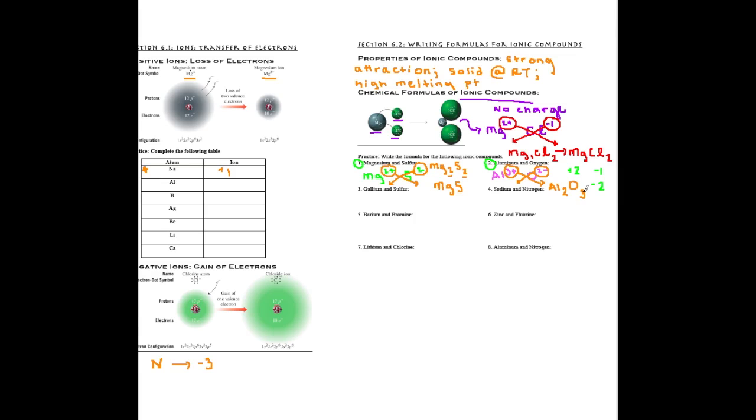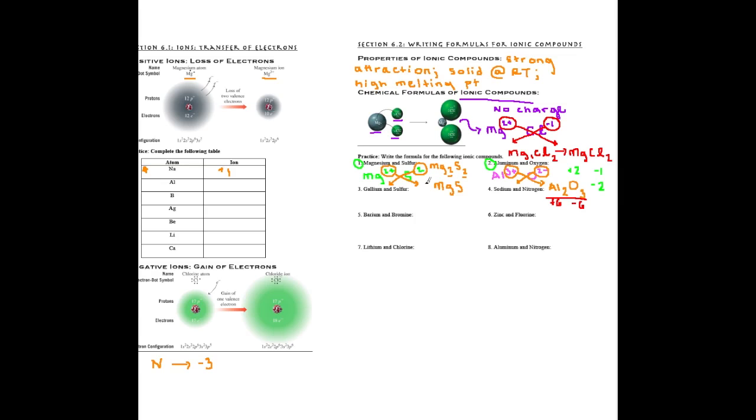To check myself, I say, okay, aluminum has a +3 charge. Since there are 2 of them, that is a total of +6. Oxygen has a -2 charge. There are 3 of them, so that's a total of -6. Therefore, this formula is correct because the net charge of my ionic compound is 0.